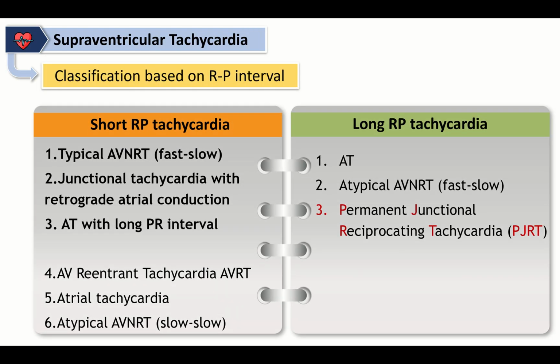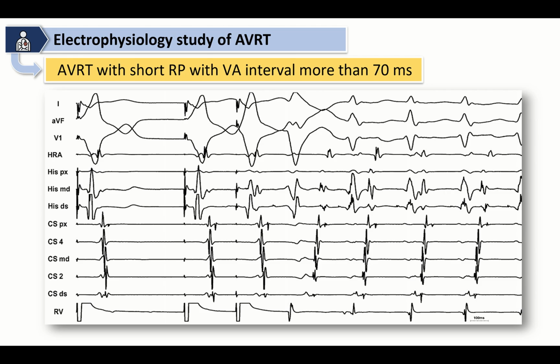And this is the golden rule to classify all types of SVT, to know all types of short RP and long RP tachycardia. And I want to highlight, AVRT is a short RP tachycardia with VA interval more than 70 milliseconds, with one exception, the PJRT.